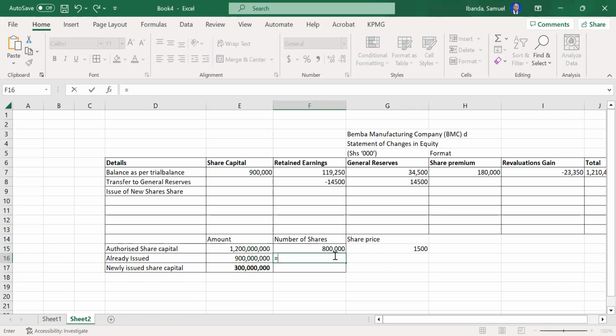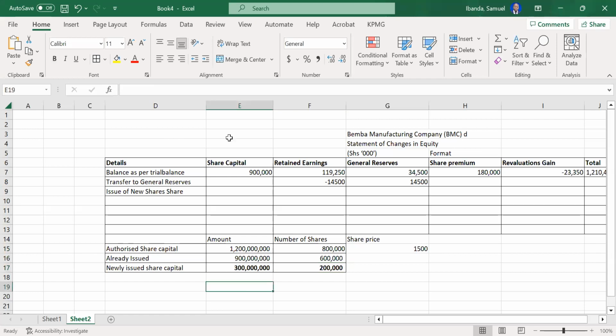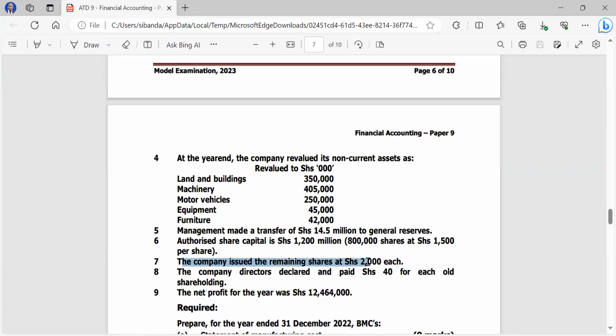So if we are to determine the number of shares that are existing already as per our trial balance, we shall get this 900 divided by 1,500. So it means that the shares that are yet to be issued are the 800 minus the 600, which gives us the 200,000 shares. Now, the examiner says that the company issued the remaining shares at 2,000.